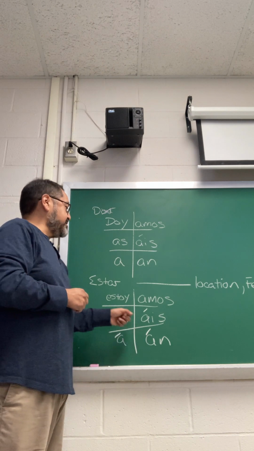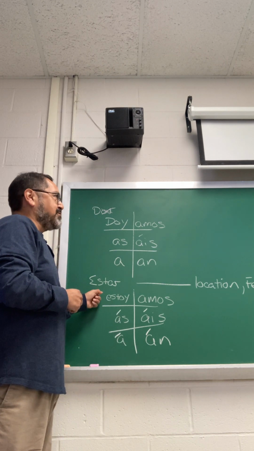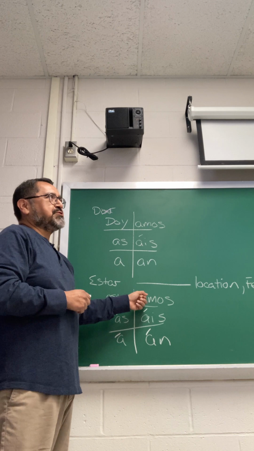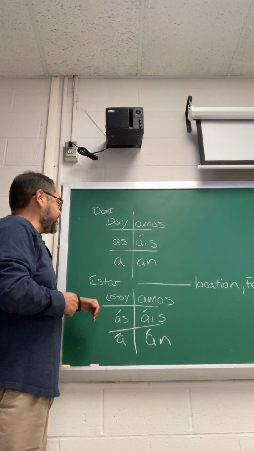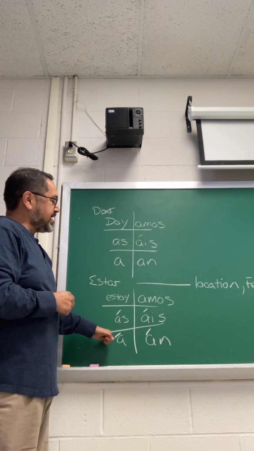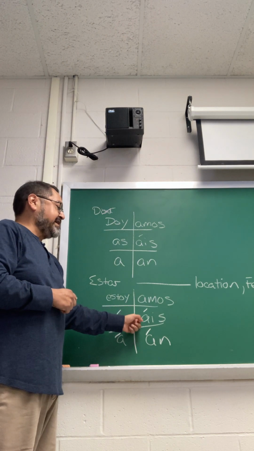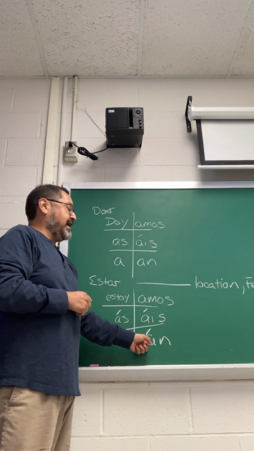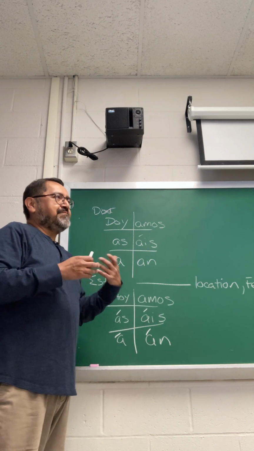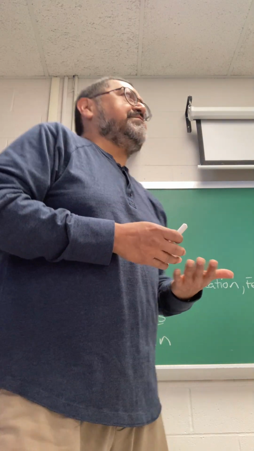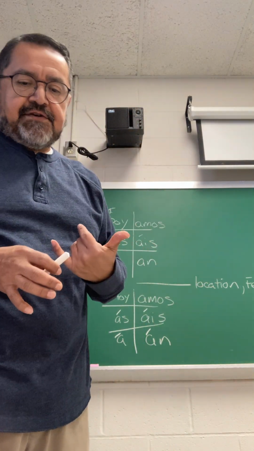The only ones that don't are literally yo estoy and nosotros estamos. Those are the only ones with no accent marks. Everything else, tú estás, él está, vosotros estáis, ellos están. I'm sorry for using the masculine. But all of those have an accent mark. That's the only difference.